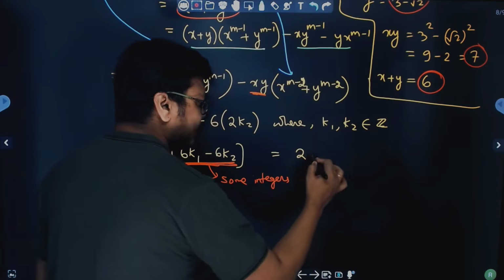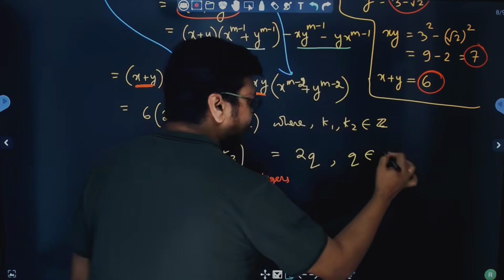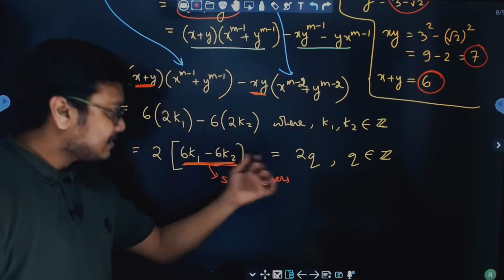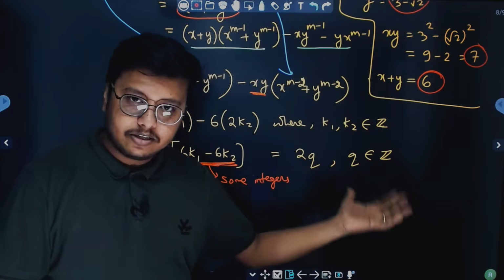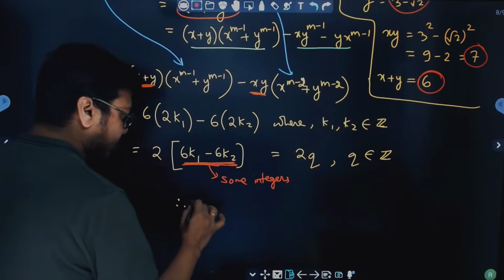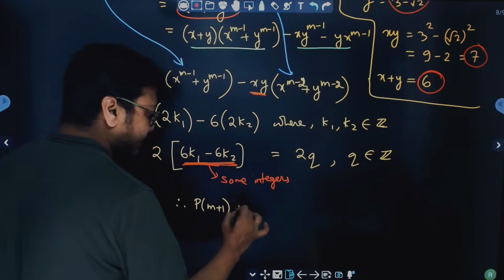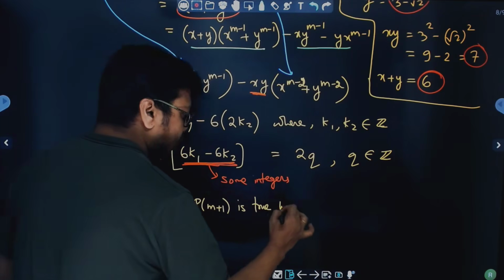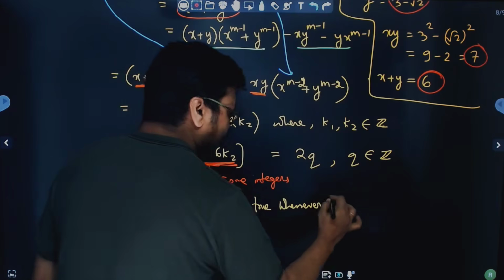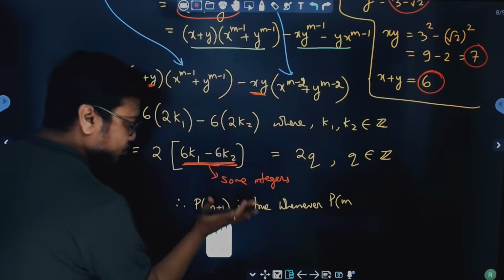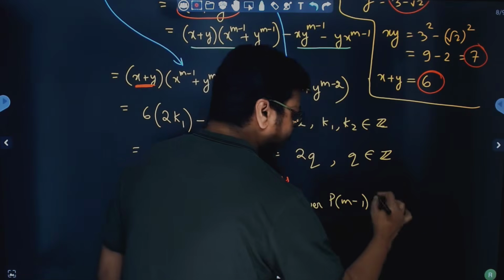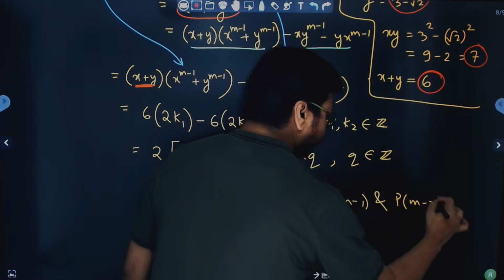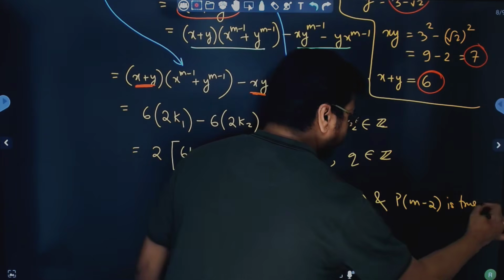So I can call this, let's say, 2q, where q belongs to integers, and since it's of the form 2 times an integer, obviously it's an even integer. So I have therefore shown that Pm is true whenever Pm minus 1 and Pm minus 2 are true, right?